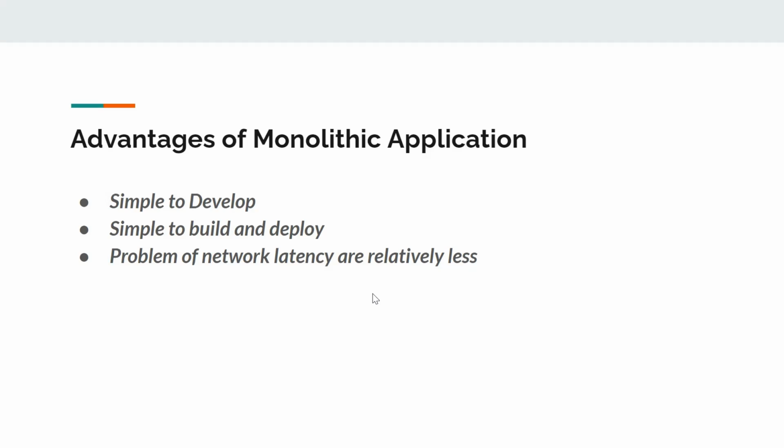So you build and deploy simply. The problems of network and latency are relatively less. So this is the advantage of monolithic application, a very small advantage. The disadvantages are very large.